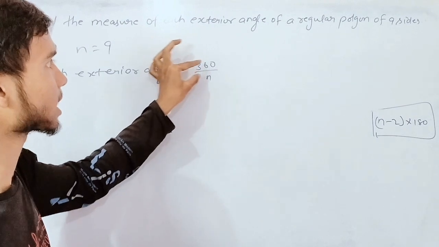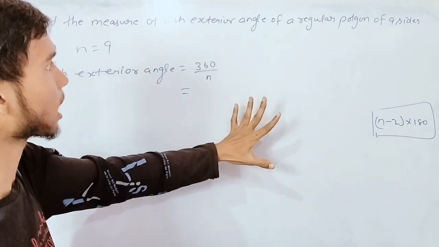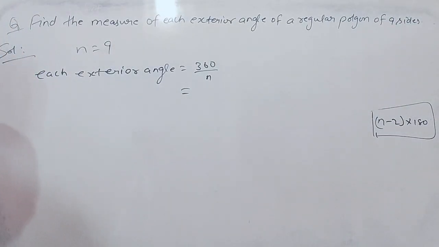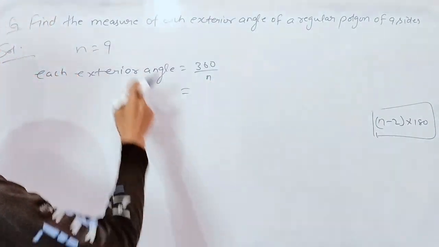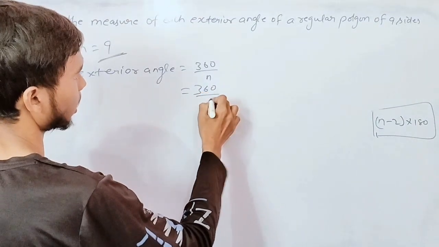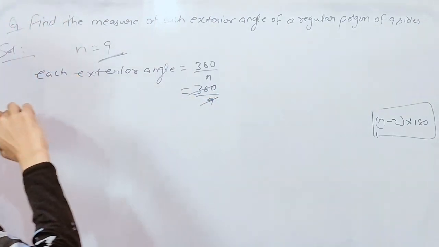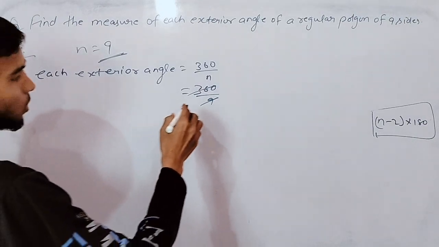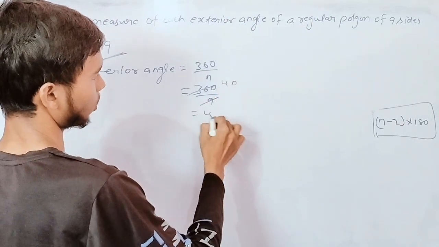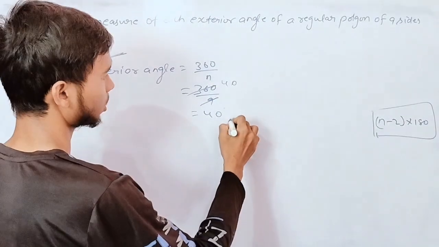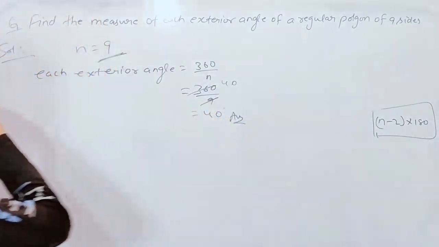As we know, 360 is the sum of all exterior angles. Here we are not putting 4, we are putting 9. 360 upon 9 should be 40.